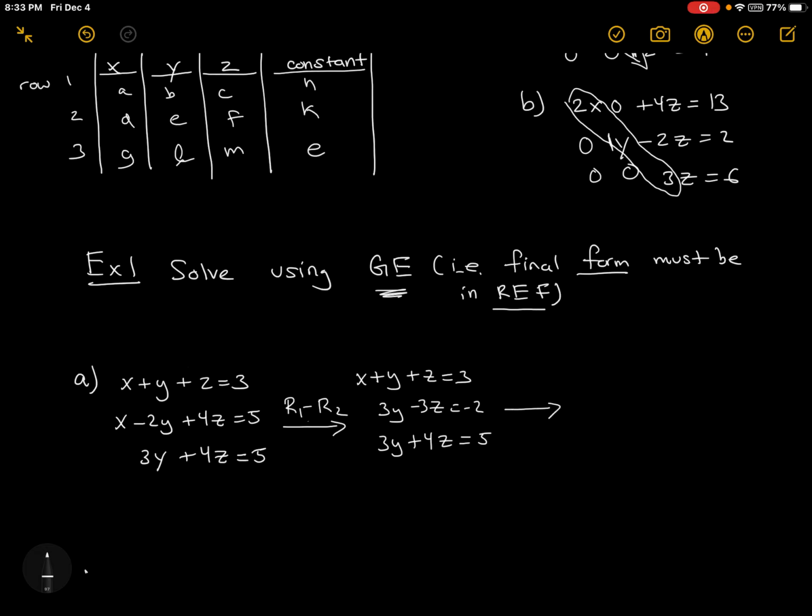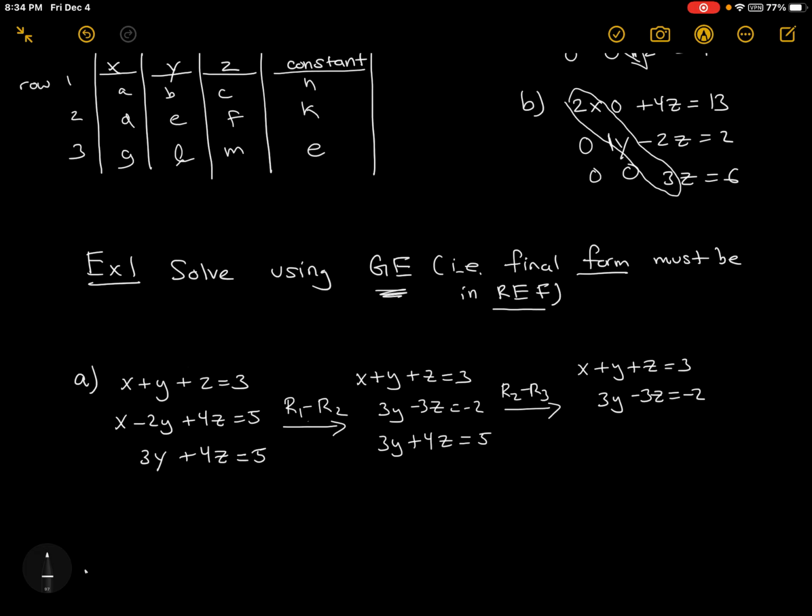So I'm going to write row 2 minus row 3. Again, write the first equation again, x plus y plus z is equal to 3. And write down the second equation, 3y minus 3z is equal to negative 2. And I simply replace this result, r2 minus r3.